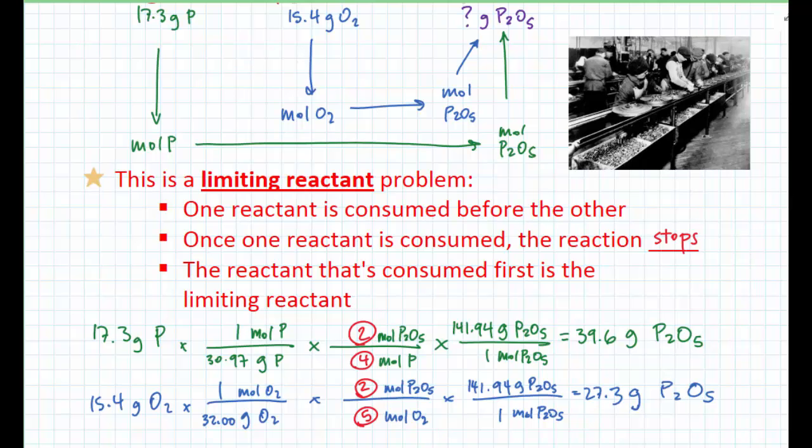If you wanted to figure out how many pancakes you could make with all of your ingredients, you're probably not going to be using up perfectly every single one of your ingredients. There's probably going to be one ingredient that you will run out of before the other ingredients. Okay? So what you can do is look at each of your ingredients individually and think, if I used up all of this, how many pancakes would that make? If I used up all these eggs, I have enough eggs here to make 10 pancakes.